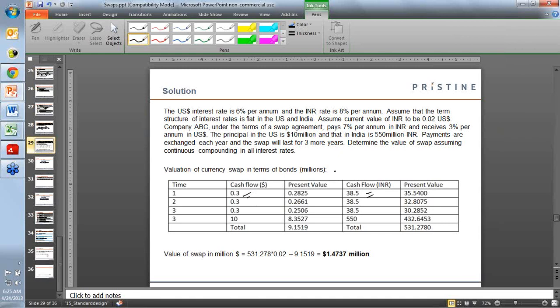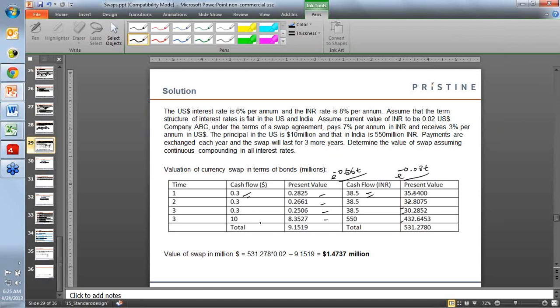That is, we'll use this formula for US dollars, that is e to the power of 0.06 T, and we'll use this formula for Indian rupees, that is e to the power of 0.08 T. So using these cash flows and these discounting factors, we can get the present value of the payments.